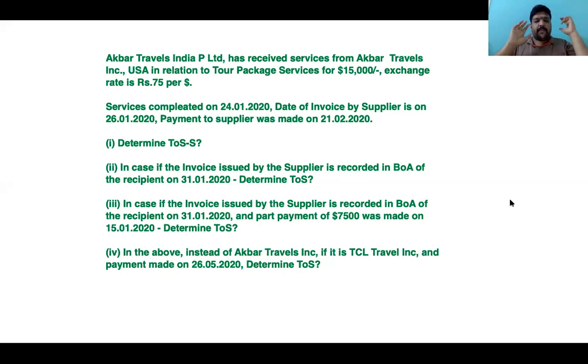Italic 1, italic 2, italic 3, you may ignore. Make the necessary changes required: instead of Akbar Travels, call it TCL Travels, and instead of the payment date being 21/2/2020, read it as 26/5/2020. Yes, kindly proceed with your answering.